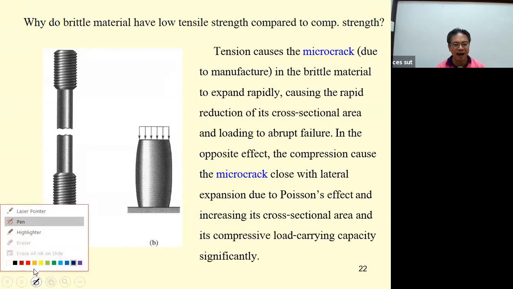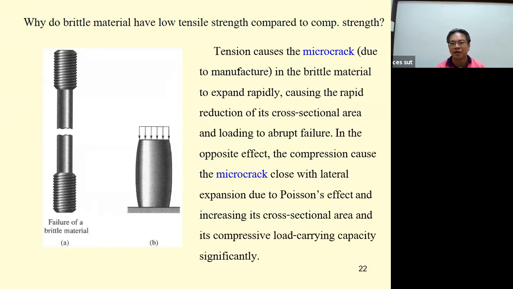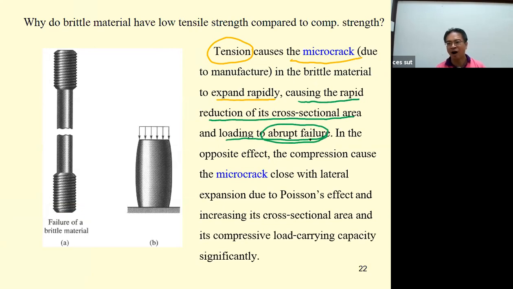Both concrete and cast iron, when subjected to tensile stress, the tensile stress will cause the micro cracks in this brittle material to expand rapidly. When it expands rapidly, it causes a rapid reduction of the material cross-sectional area, and it fails immediately or abruptly.